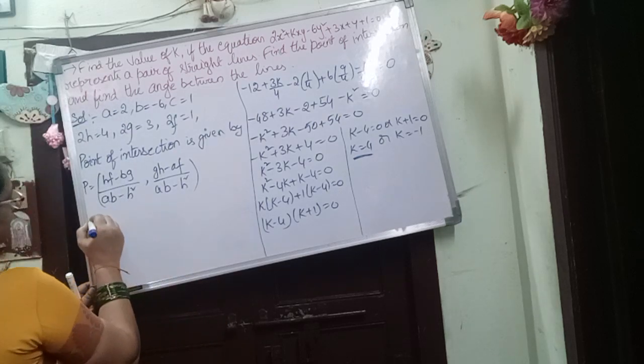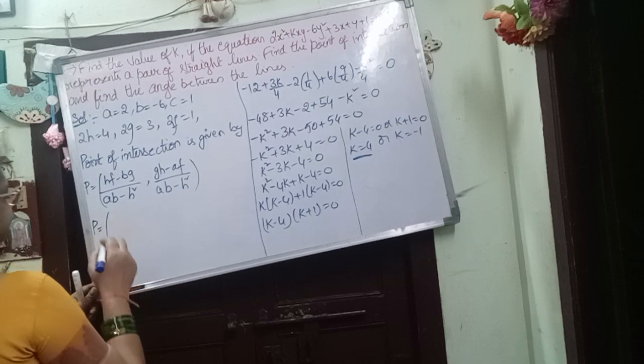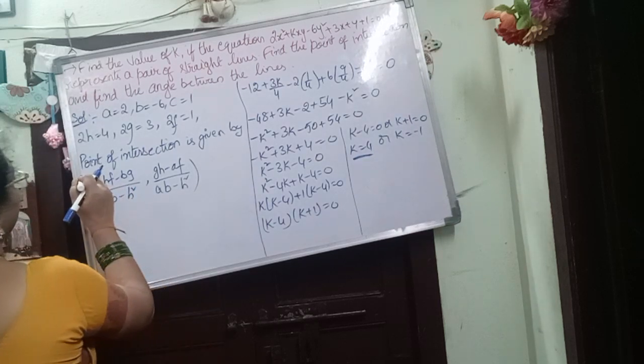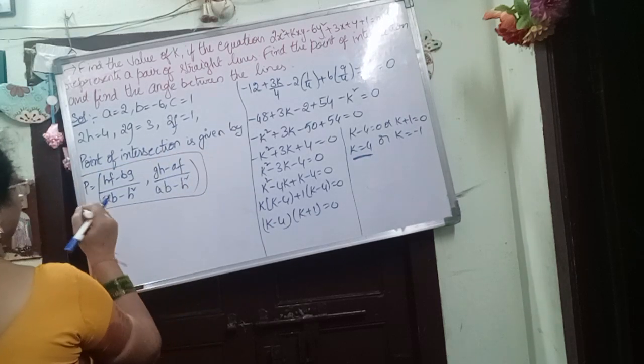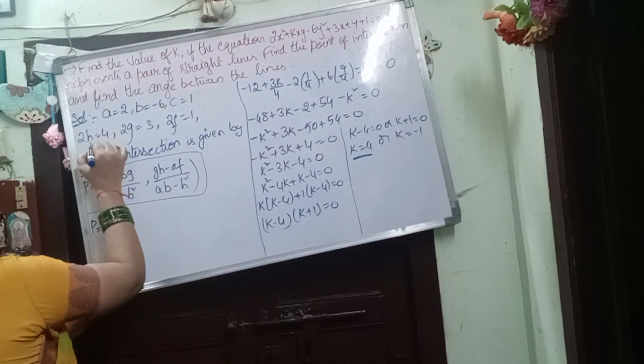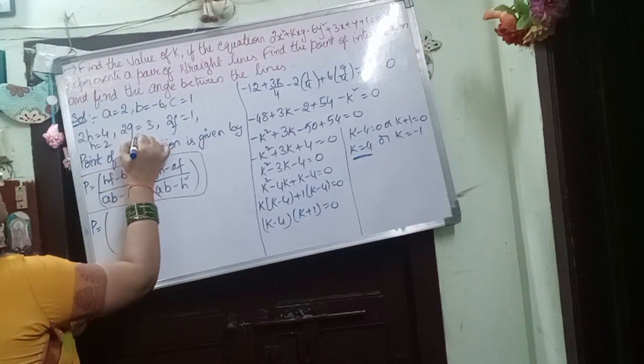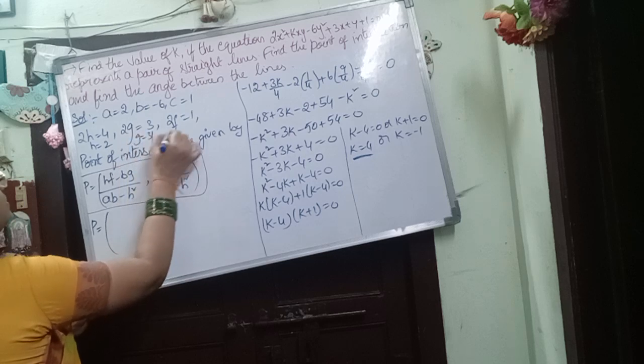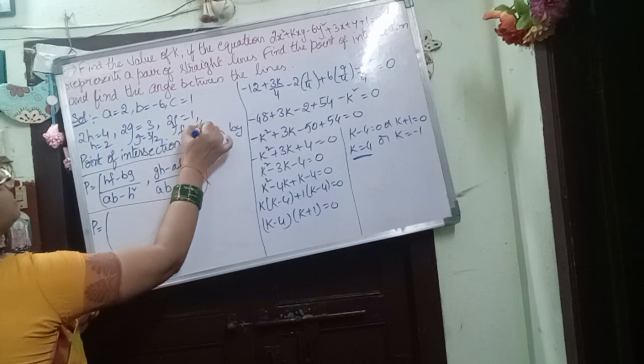Okay, so P is equal to, what is H? H is equal to 2. G is equal to 3 by 2. F equals 1 by 2.